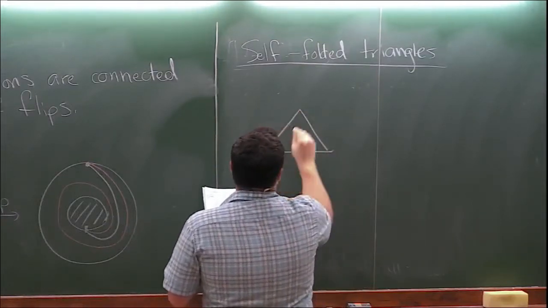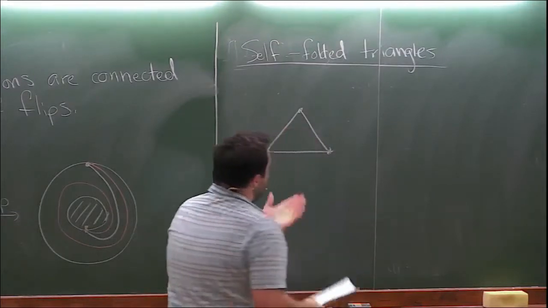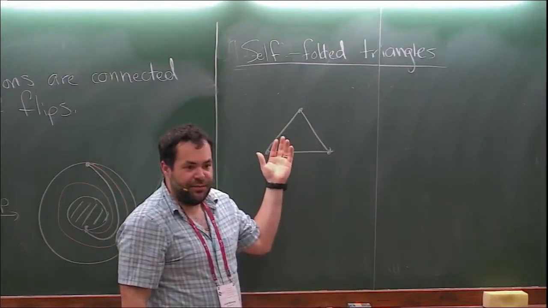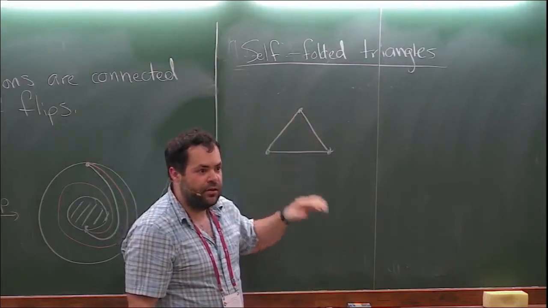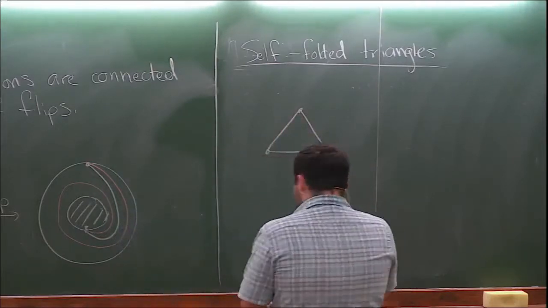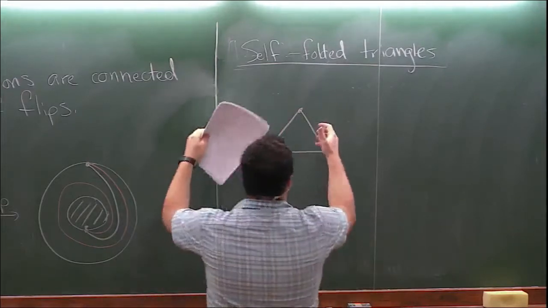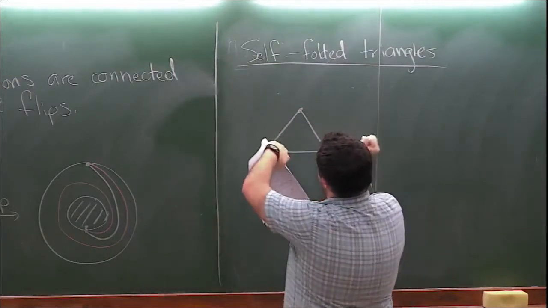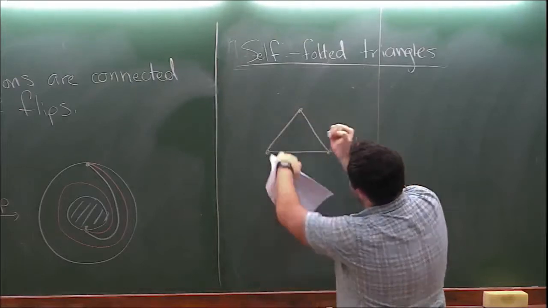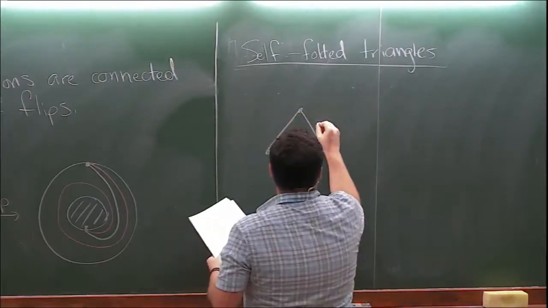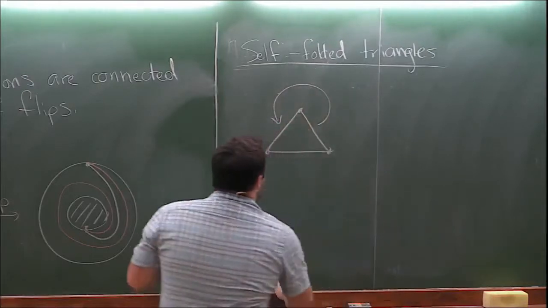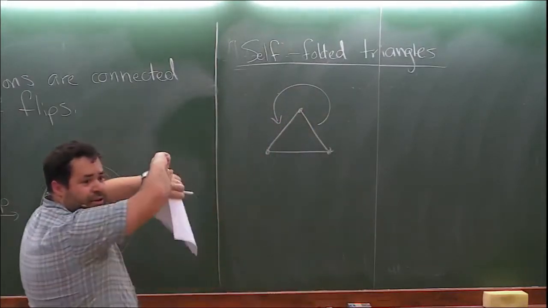So say that I have a triangle. I mean, this kind of picture is not allowed, but I have some triangle inside of some triangulation. Okay? This is what I mean here. And a self-folded triangle is going to mean I take this triangle and I stretch it and then glue this edge onto itself. So I stretch it like this and glue it together.